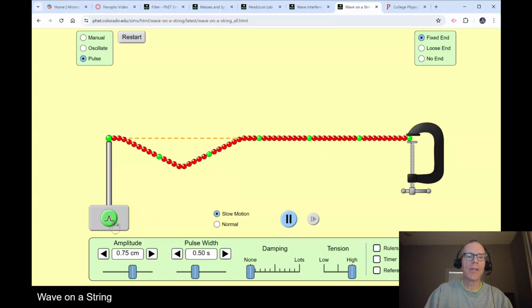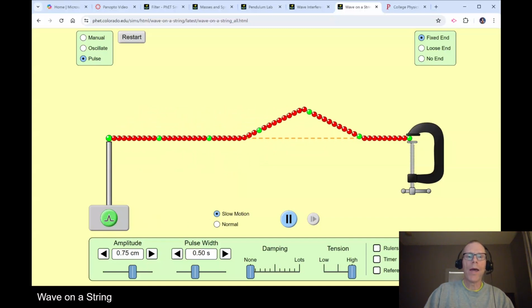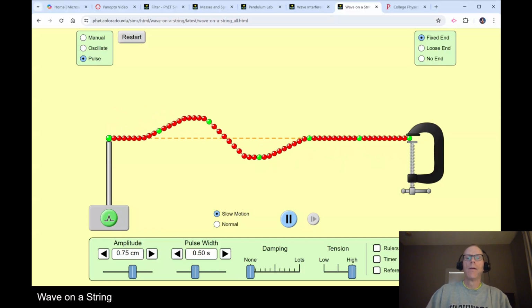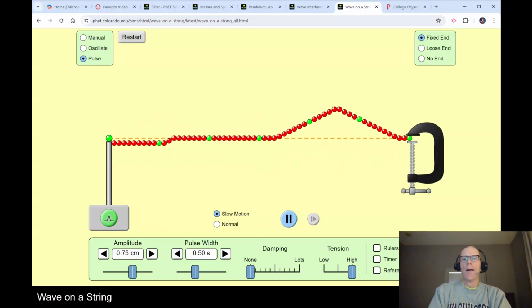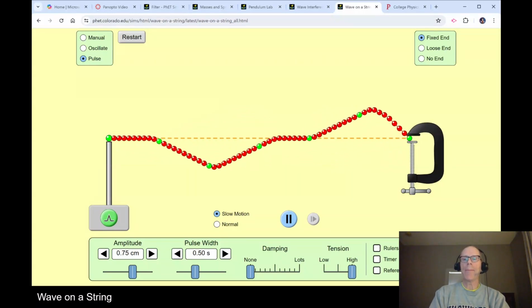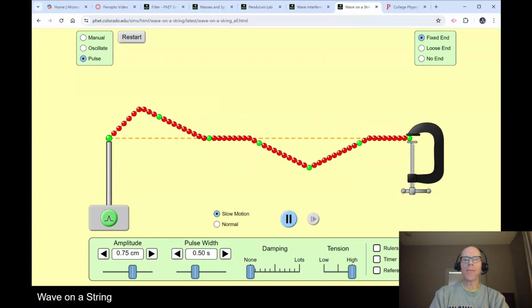Now I'm going to make it go a little bit slower. And when the wave was coming back, I sent another wave. So notice what happens when the waves meet each other.